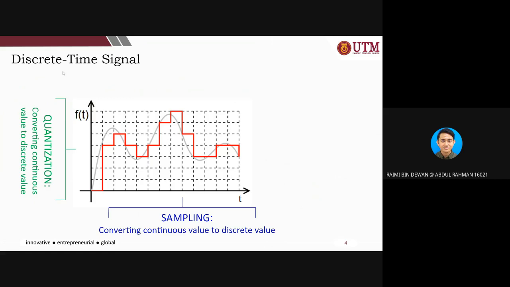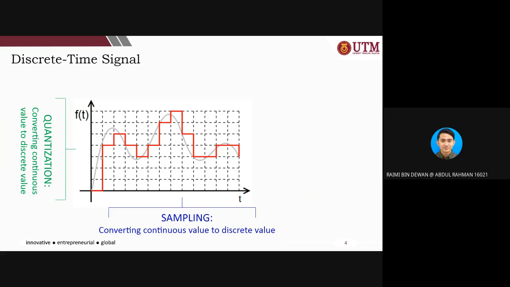So for discrete time signal quantization, we are converting continuous values to discrete values. We have continuous amplitudes here, then we convert these continuous values to discrete values.